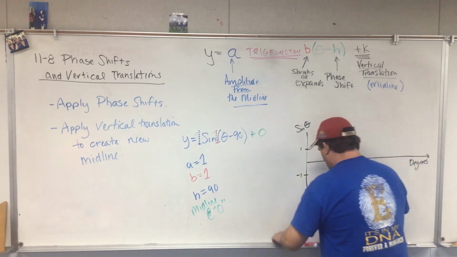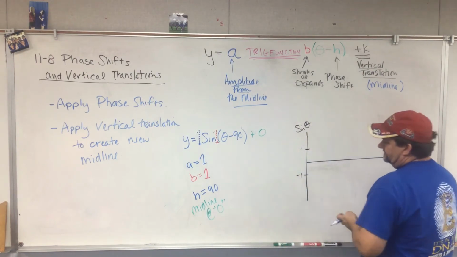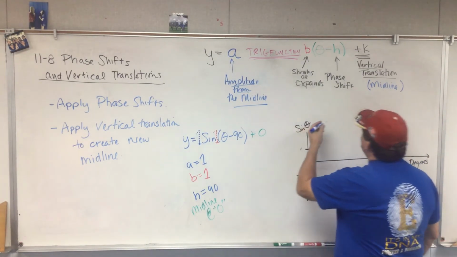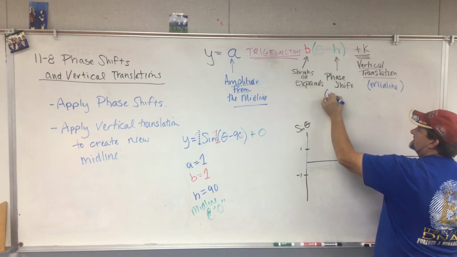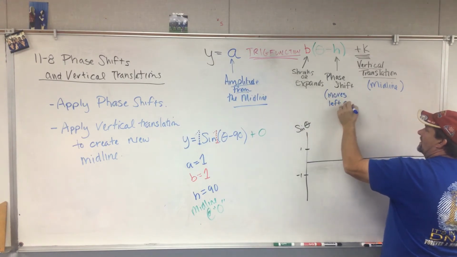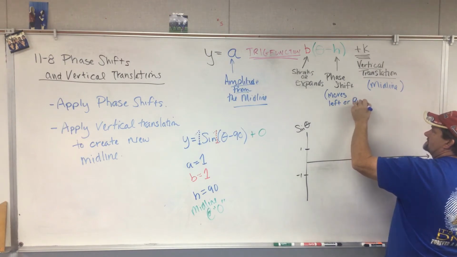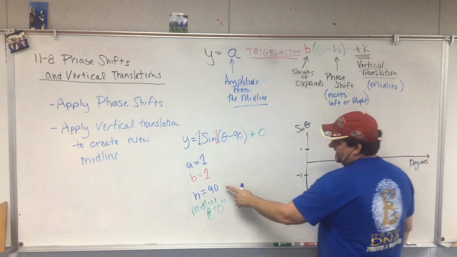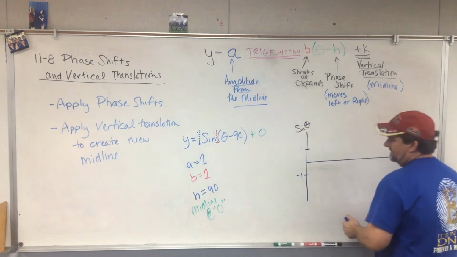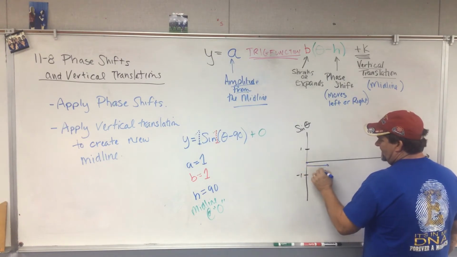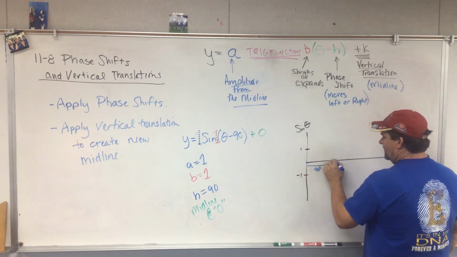So let's graph this thing. All right, so what do we mean by a phase shift? A phase shift moves left or right. So if we're going to move left or right, this says it moved 90 degrees to the right. We normally start at 0, but it said it moved 90 degrees, so we're over here at 90 degrees.